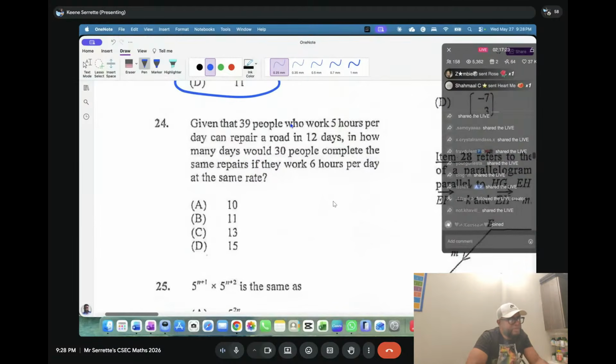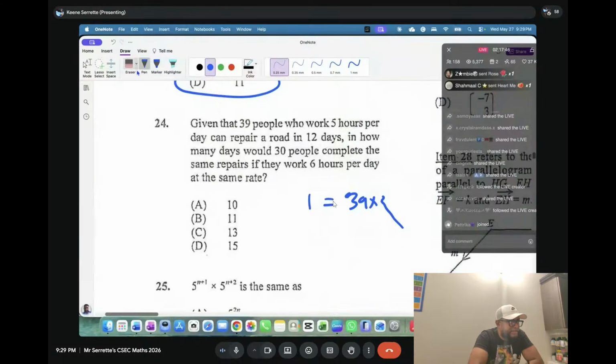Given that 39 people working 5 hours per day can repair a road in 12 days, in how many days will 30 people complete the same repairs if they work 6 hours per day at the same rate? So 39 people take 5 hours, so one person would take 39 multiplied by 5.